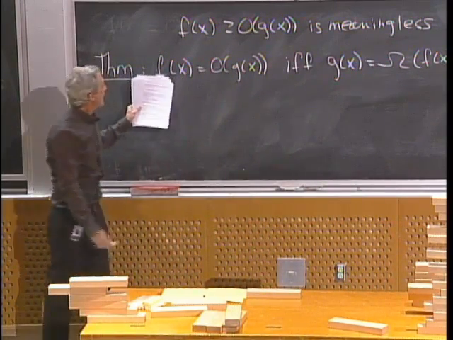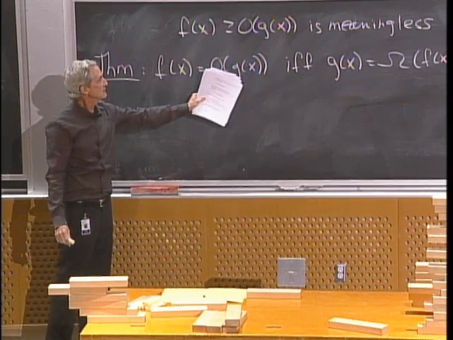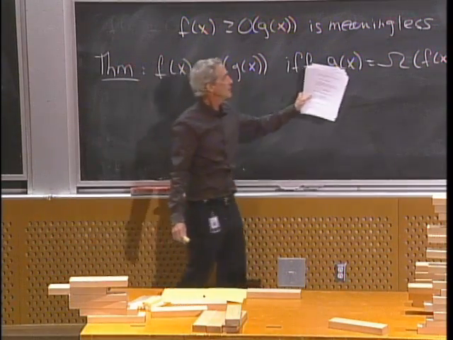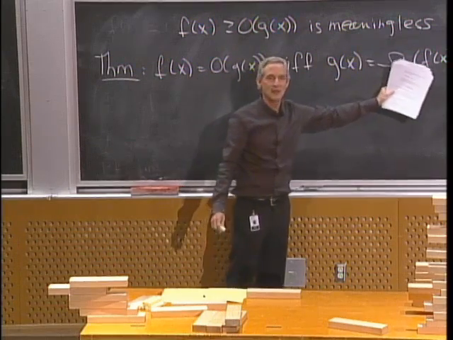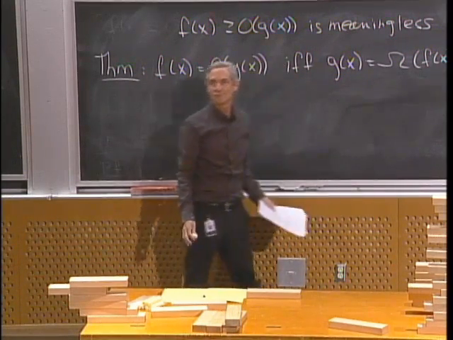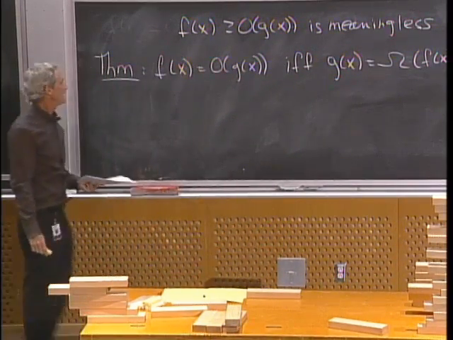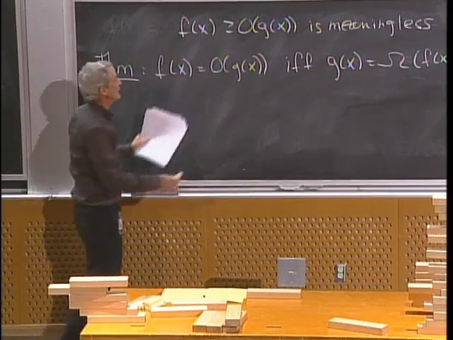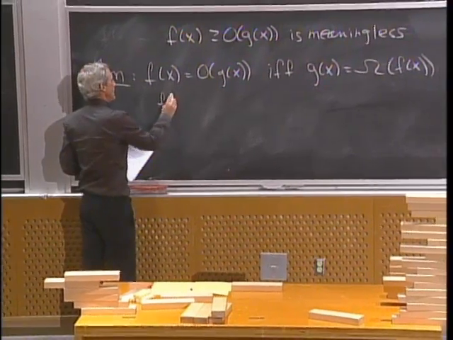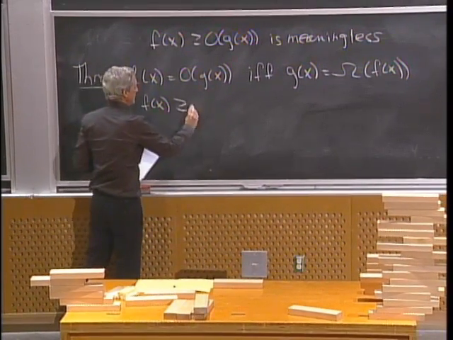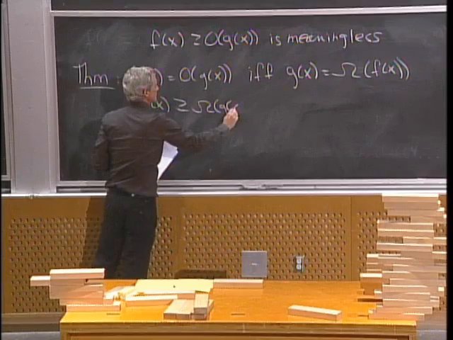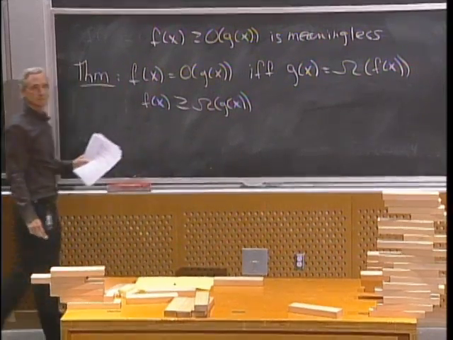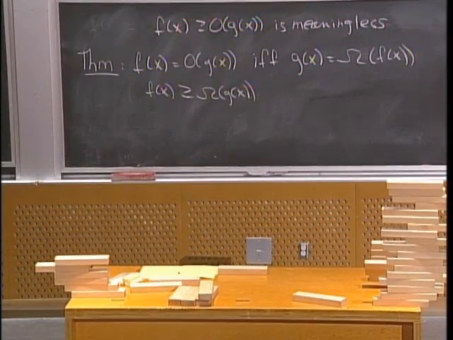In other words, f grows no faster than g if and only if g grows at least as fast as f. One's an upper bound, one's a lower bound, and you just got to use the symbol the right way. Now you can write f of x bigger than or equal to omega g of x. That's okay.